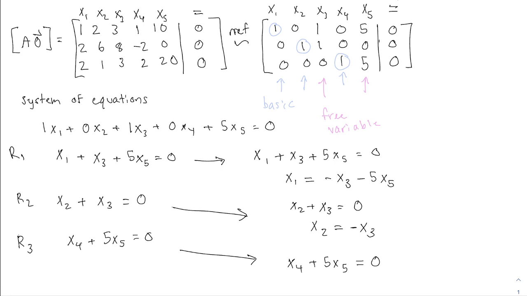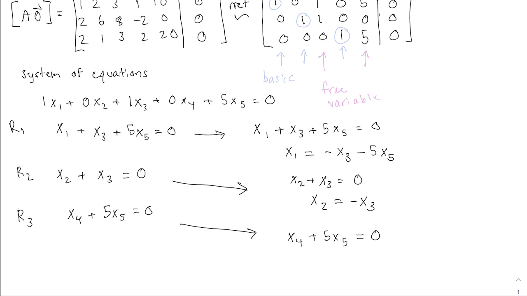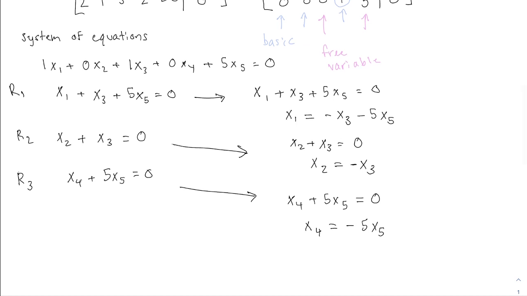Looking at the pivot columns, we can see that the fourth column, the x4 column, is a pivot column. So we do have a pivot in our fourth column. So solve for x4, which we would do by subtracting 5x5 to the other side, and get x4 is equal to negative 5x5. Okay, great.